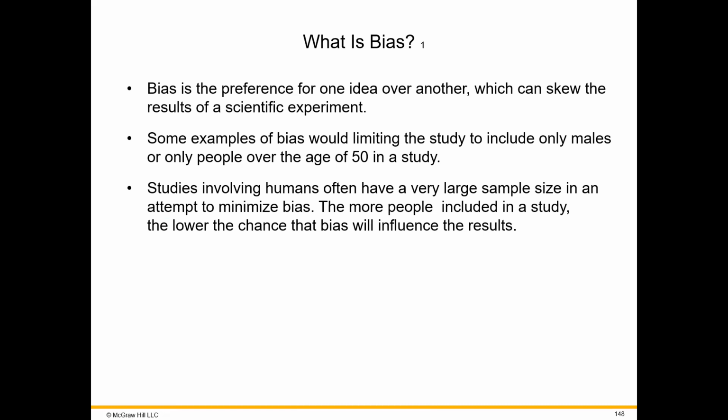Okay. So all females, all predominantly Caucasian. You want a large sample size that mixes everyone, all ages, different ethnicities, and both genders, right? So that's why this is very important.